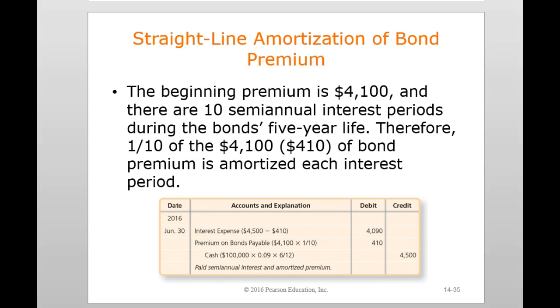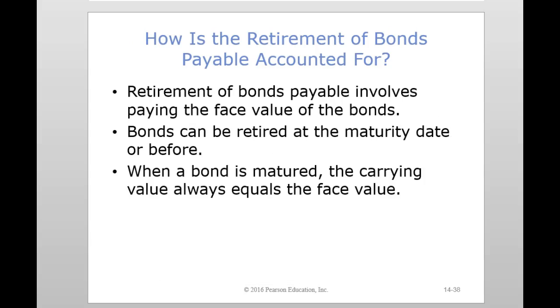So premiums and discounts are just a way of life with a bond because the market is always moving. So you need to kind of understand this concept of premium and a discount. Not particularly care if you understand the journal entries, but understand where the amounts come from and what the amounts are. So there's one other thing we should look at as we're in here: how do you retire bonds once they're paid off?